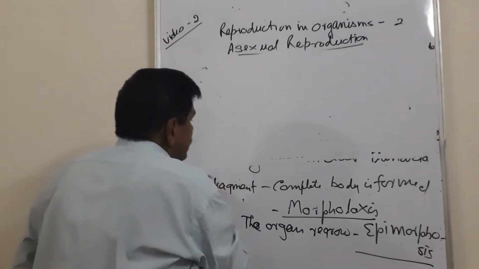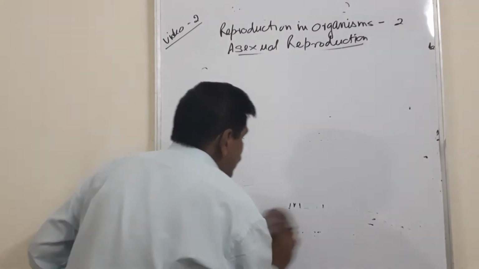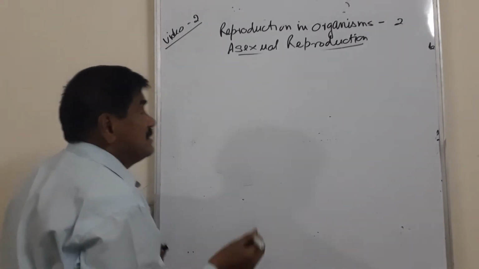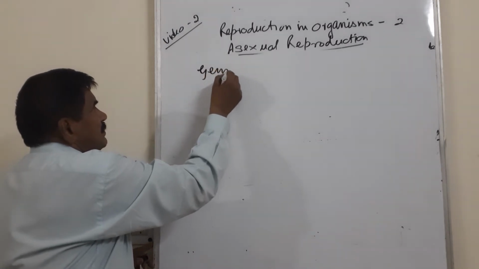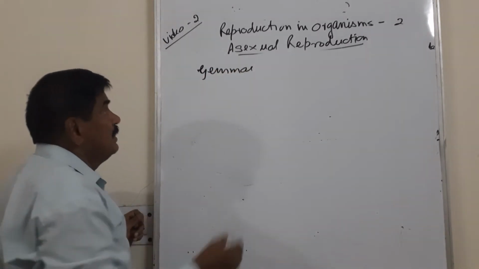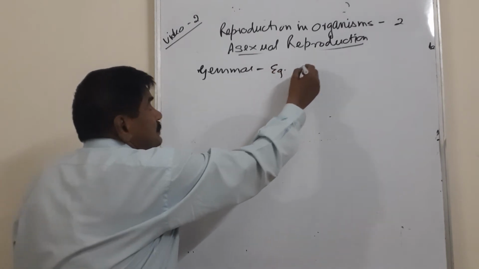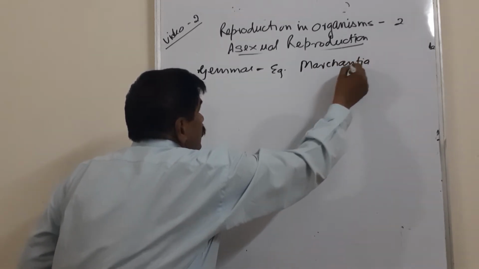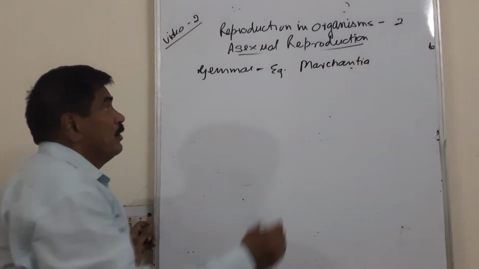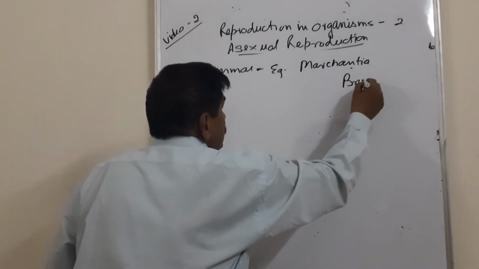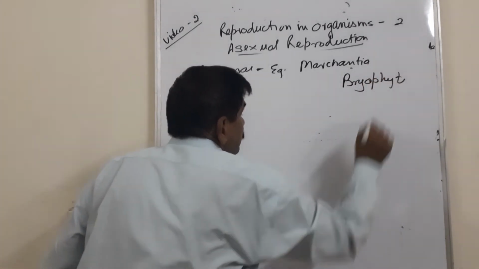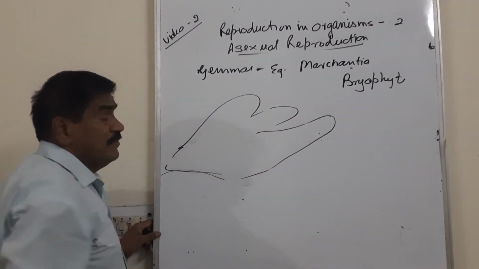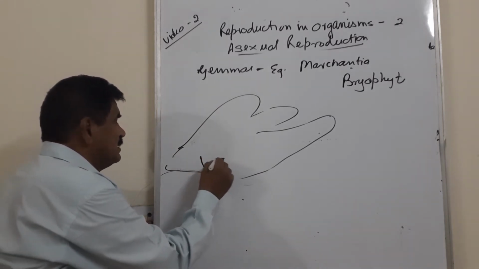Now the next one is gemmae. A very good way of reproduction in some bryophytes like Marchantia. You can recall Marchantia is a bryophyte. In Marchantia, on the vegetative body, a cup-like structure is formed.